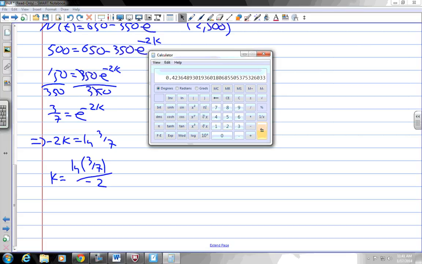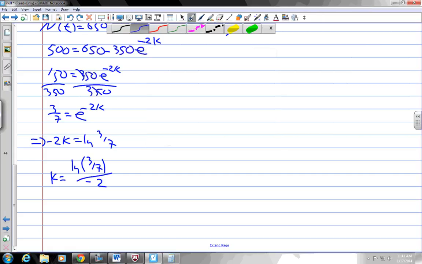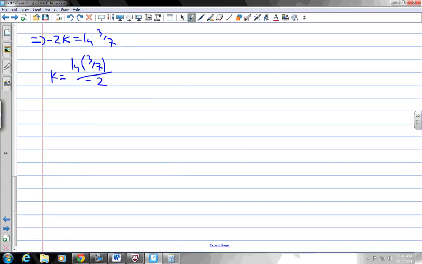Is that okay? Yes? If you want all those digits, then that's your rate. This is really a preferred option probably, that your model right now is n of t is 650 minus 350 e to the negative ln of 3/7 over 2 t.